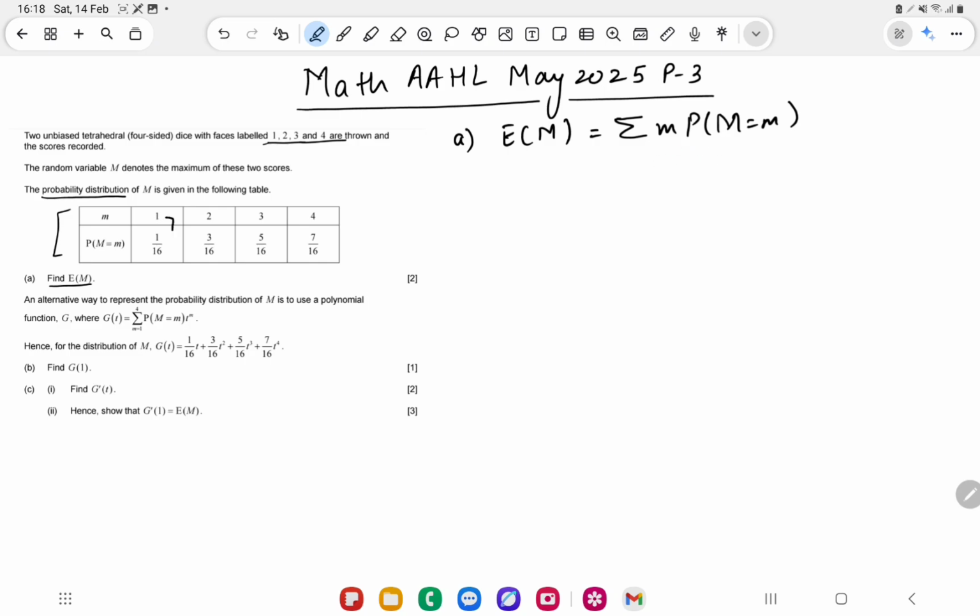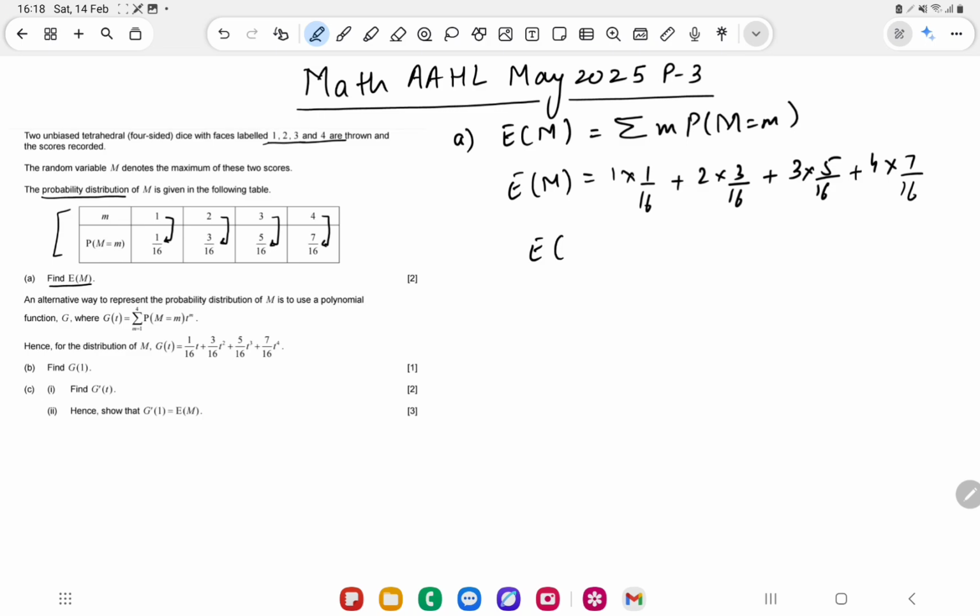It means we have to multiply 1 by this, 2 by this, 3 by 5/16 and 4 by 7/16, and since summation is given, I have to add all of them. So I will be writing the multiplication along with the sum, and 4 into 7 by 16. So this is my expected value.